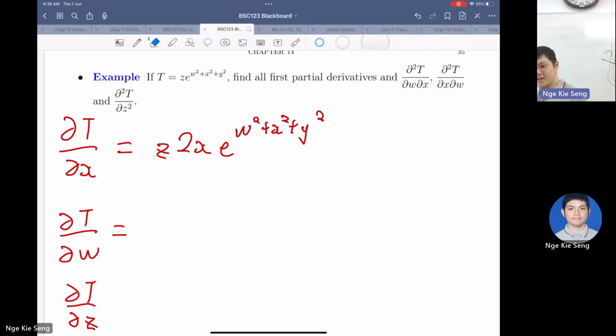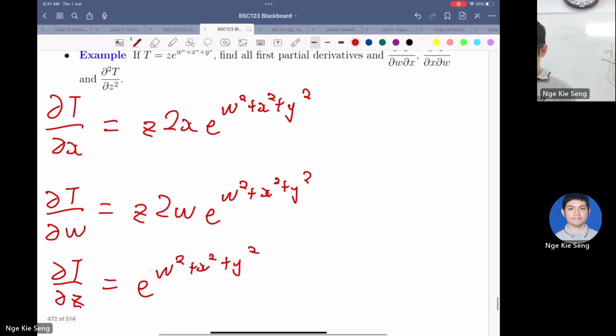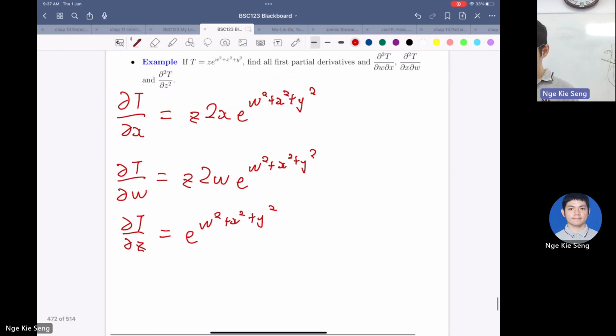Okay, differentiate t with respect to w. You also get z times 2w e to the w squared plus x squared plus y squared. Differentiate with respect to z, you get e to the w squared plus x squared plus y squared. How about the next level?